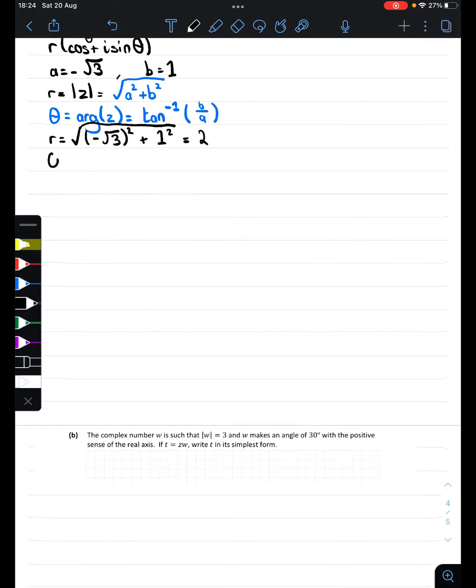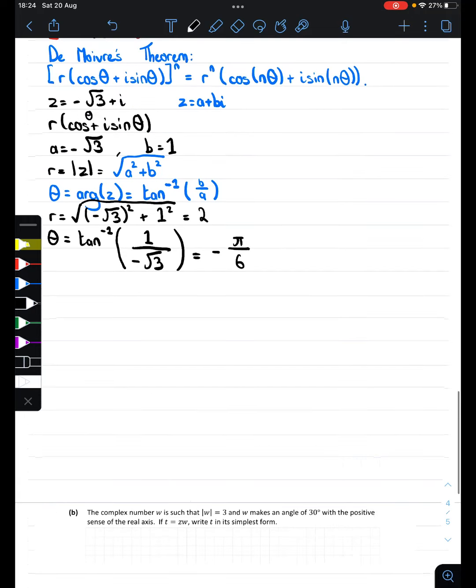And now for theta, theta is tan inverse of b over a. So tan inverse of 1 over minus root 3. And if we put this into our calculator, we'll get minus pi over 6.